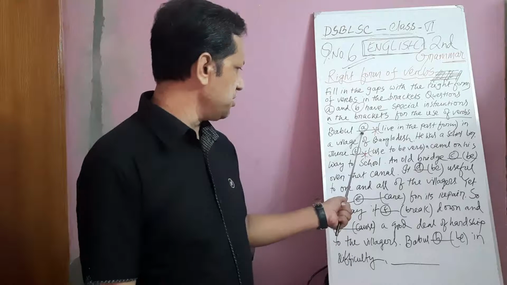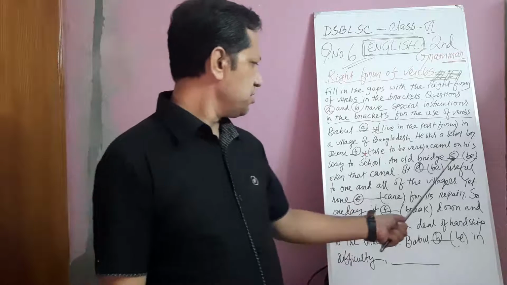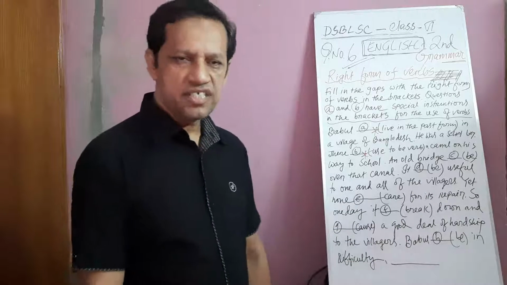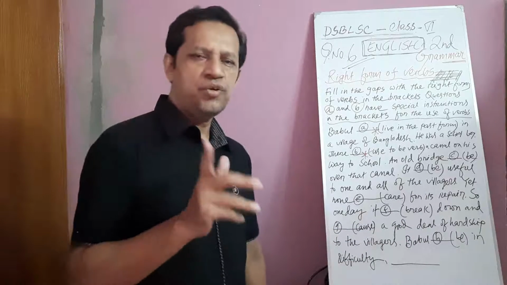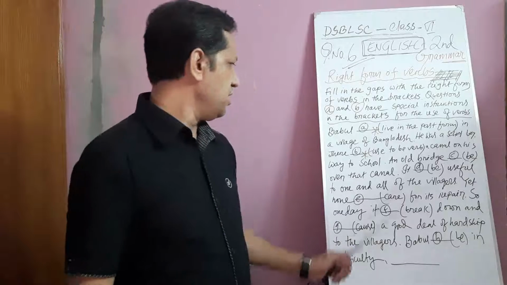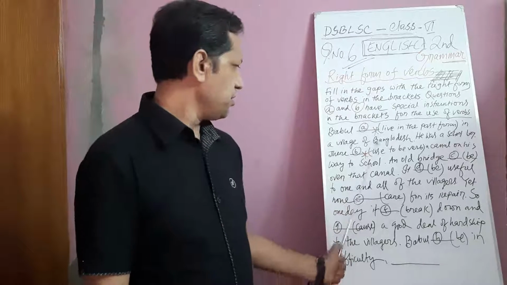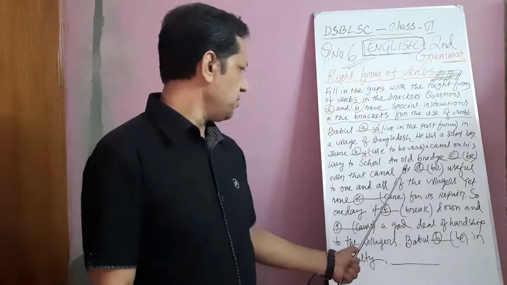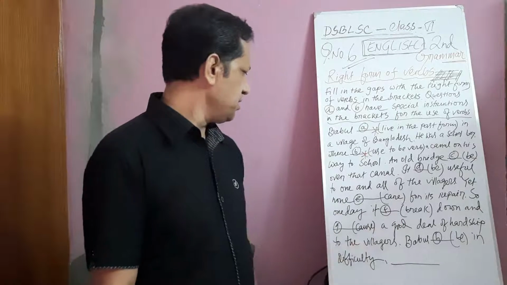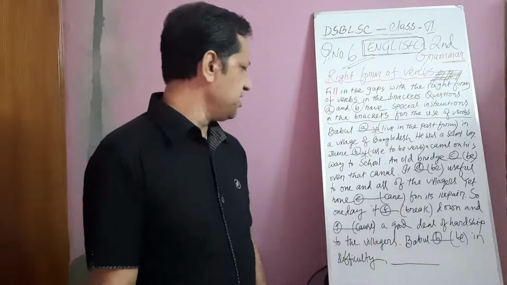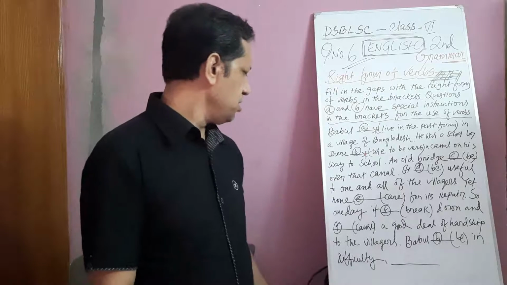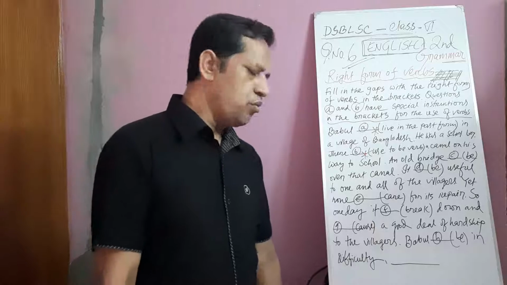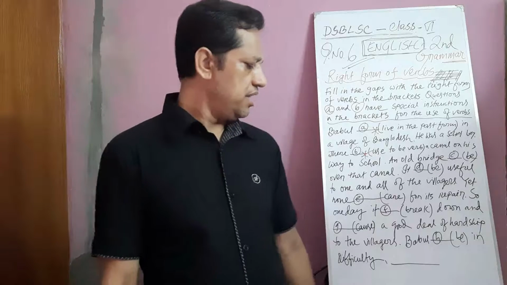Here small letters A, B, C, D, E, F, G, H. Only you will write these letters and the correct answer. Number A, lived. Number B, was. Number C, was. Number D, was. Number E, cared. Number F, broke. Number G, caused. And number H, was. You have to write only the answers.